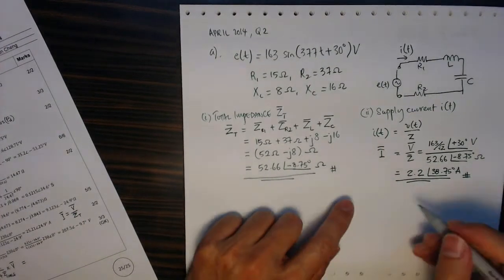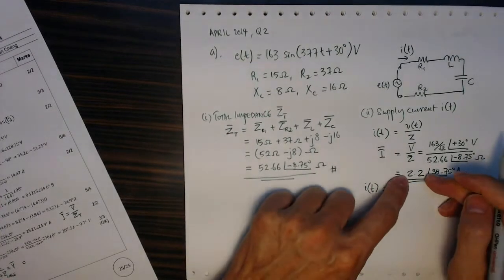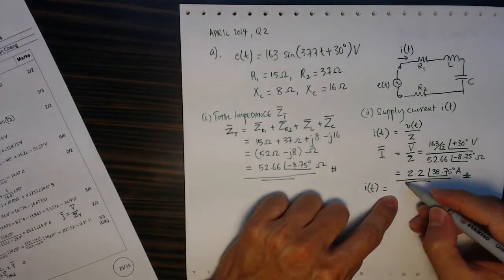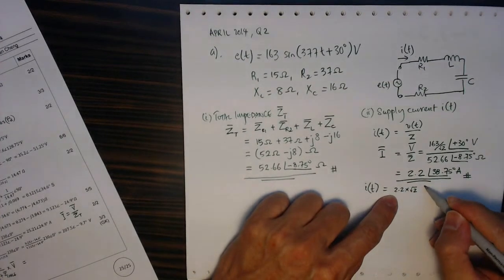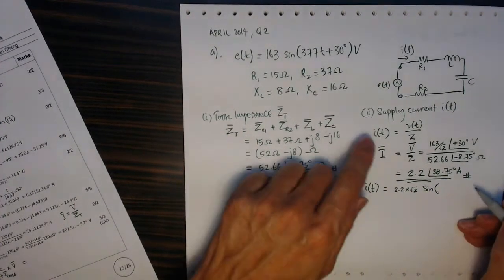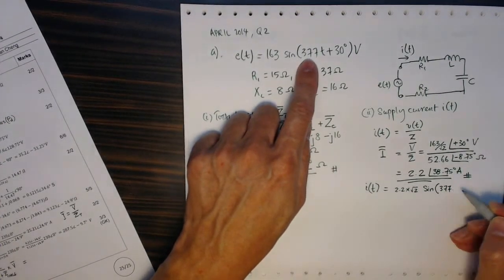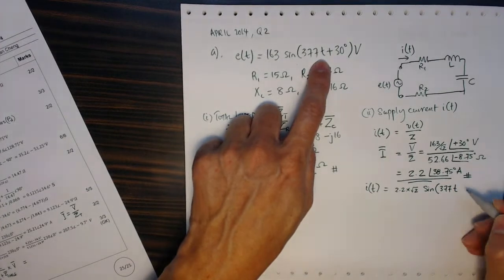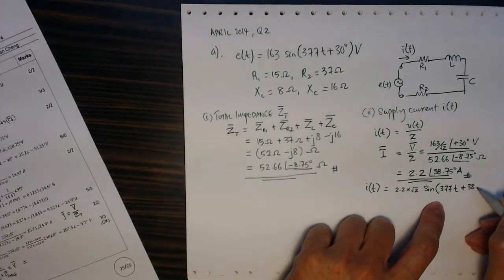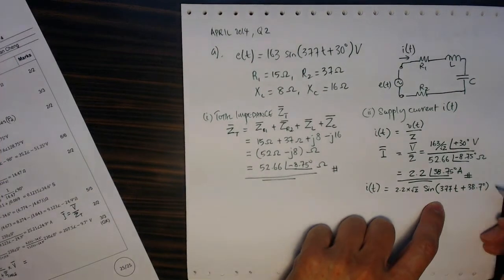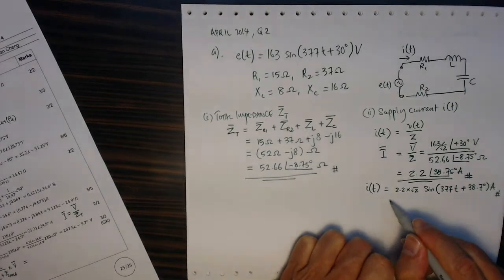Now I want to change this back to my sinusoidal expression. So to get back to the peak value, 2.2 times root 2, sin, omega, still the same, okay, because in any circuit omega remains the same. Now this time the angle is plus 38.7 degrees ampere. So that is the sinusoidal waveform.